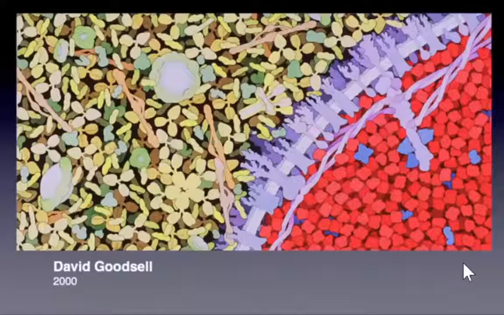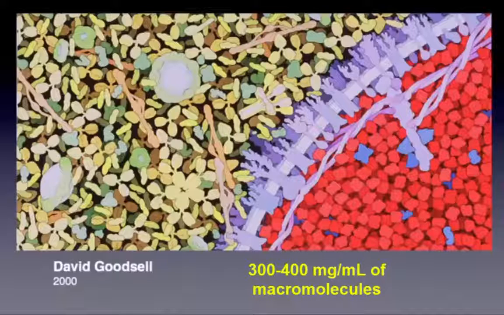But in reality, inside this cell, the mass of material is huge. If you calculate, the material inside the cell is about 300 to 400 milligrams per milliliter.